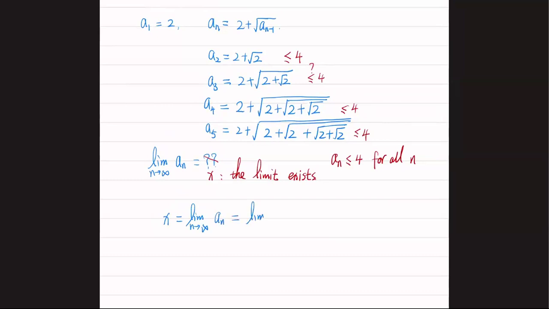Next, I'm going to use the formula. A(n+1) is defined as 2 plus this. So I'm going to use this formula, 2 plus. Now, how do we take a limit? Sophia, what would you do?